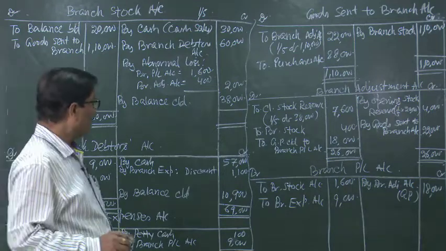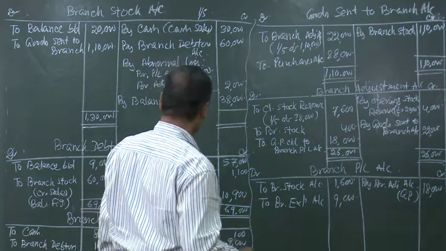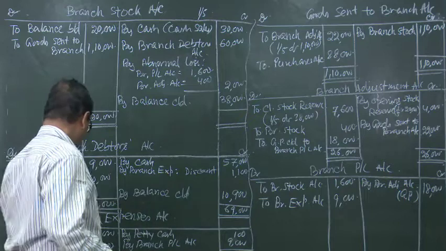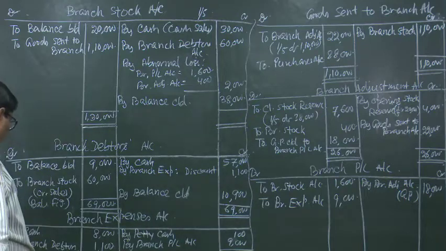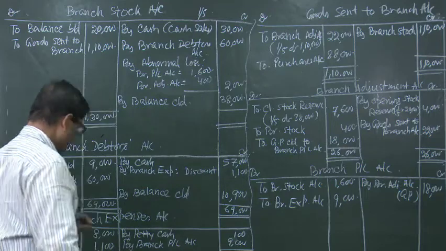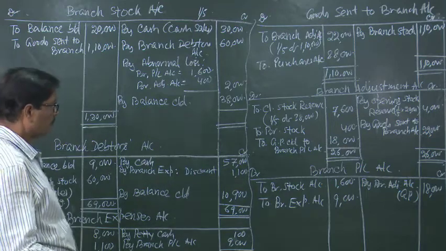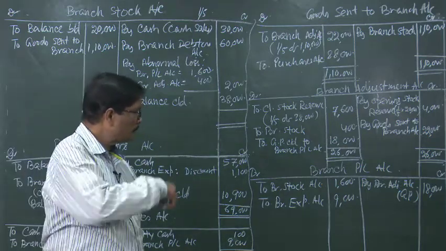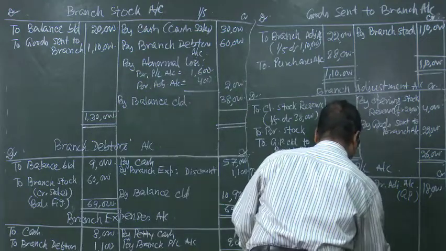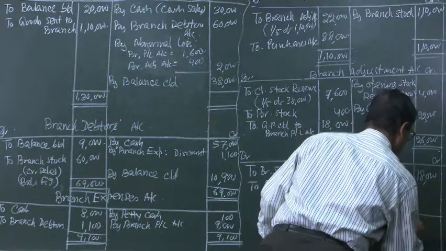The discount allowed, this 1,100 was in the expenses account. So we have taken 1,100 here. Okay.